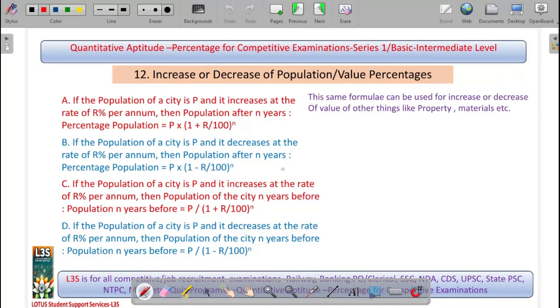Next is increase or decrease of population or value percentage.